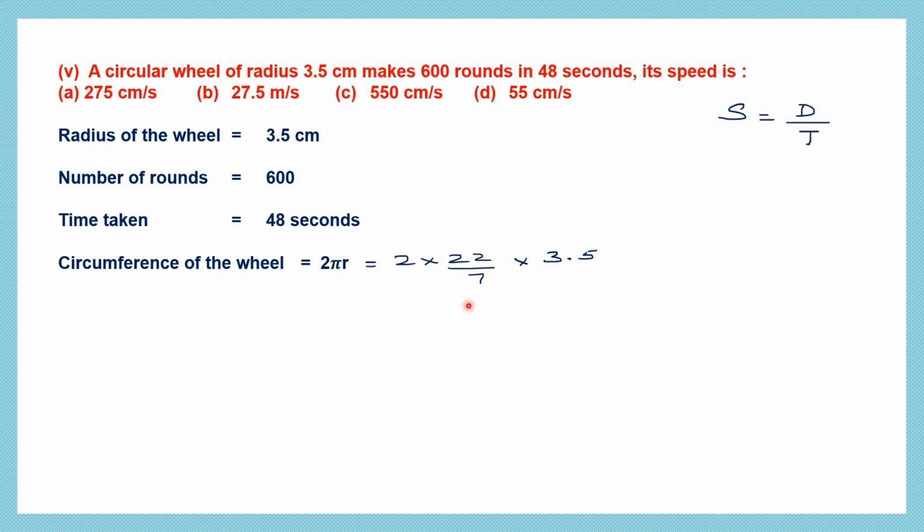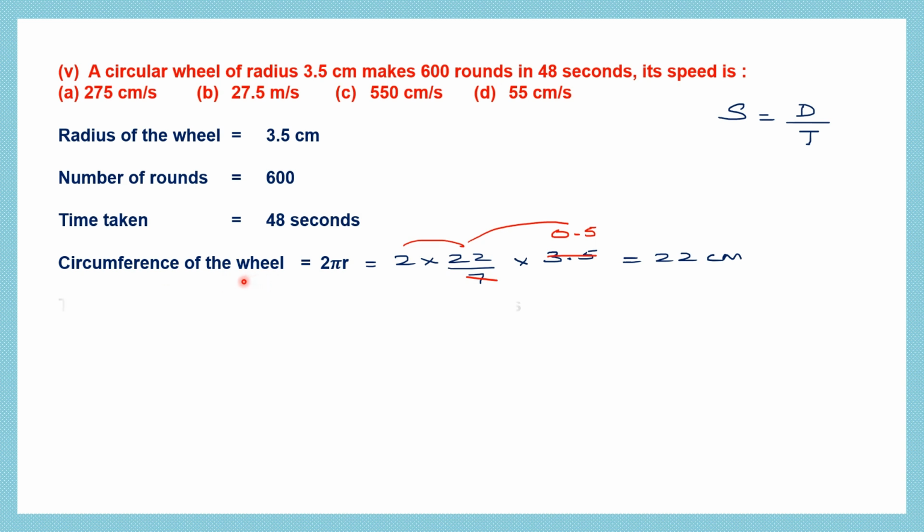Now we can cancel 7 and 3.5. 7 5s are 35, but since this is 3.5, 7 into 0.5 gives us 3.5. Now we just multiply the numerators. 2 into 22 is 44, 44 into 0.5, and that will be 22. So that is 22 centimeters. Now we have found the circumference of the wheel.